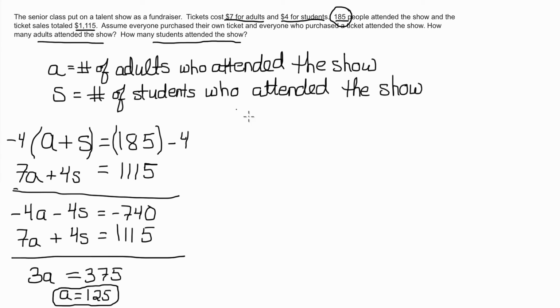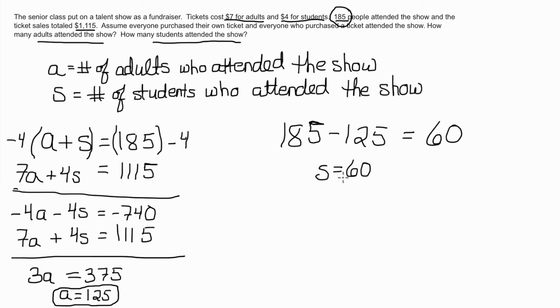So now let's just think about this. If we know 185 people attended the show, and we know that 125 of them were adults, when we do the subtraction, that equals 60. So 60 is what S equals, the number of students who attended the show. Again, we're assuming you're either a student or an adult.